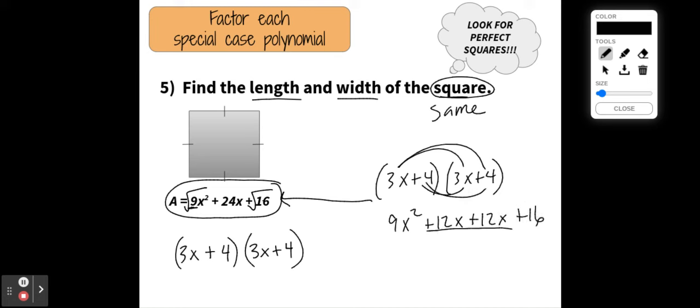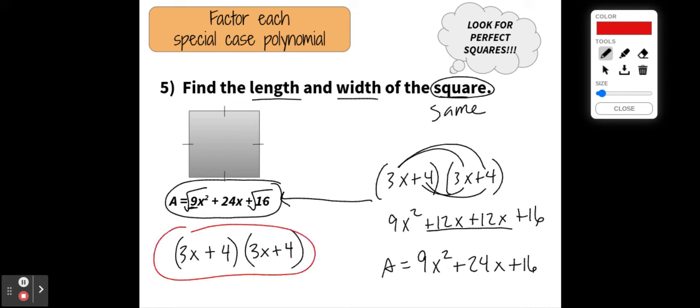Well, what do you know? The middle term doubled there. 9x squared plus 24x plus 16. And I get right back to the area by multiplying length and width. So that leaves my answer here for my length and the width to be 3x plus 4. So length equals and width equals 3x plus 4.